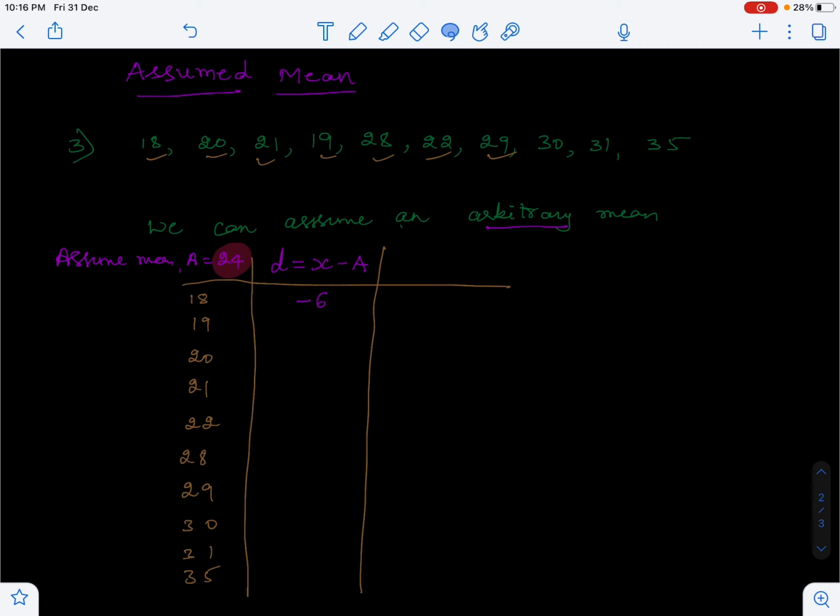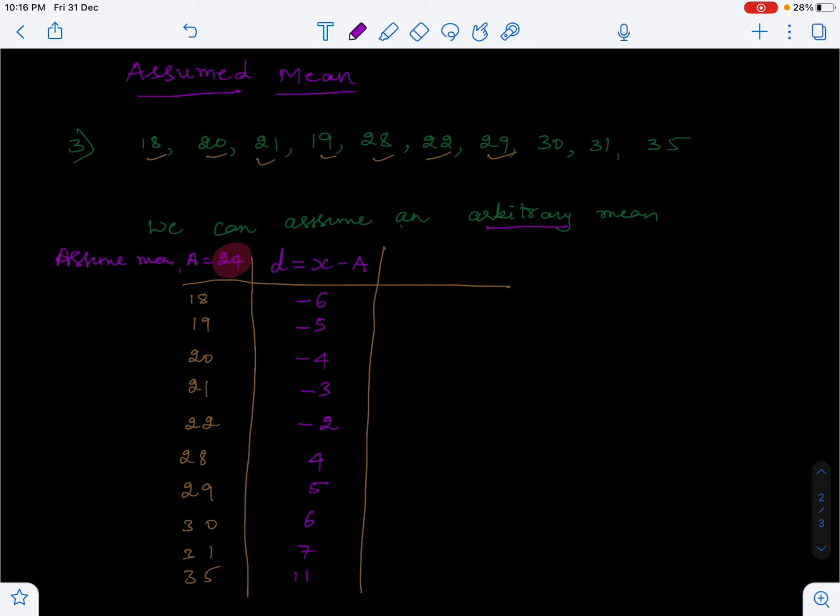Then 19 minus 24 is minus 5. Then minus 4, and this goes to minus 3, minus 2, and then plus 4, 5, 6, 7 and 11.